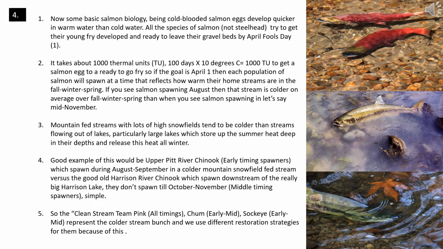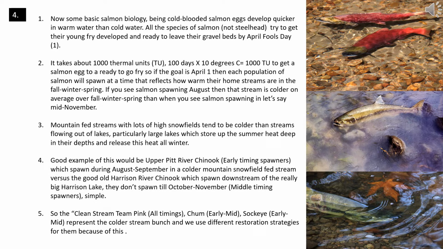Well, what's a thermal unit? It's a degree for a day. So if the water was 10 degrees Celsius for 100 days, that's 1,000 thermal units. And that'll take that egg to the fry. And you're aiming for April 1st.